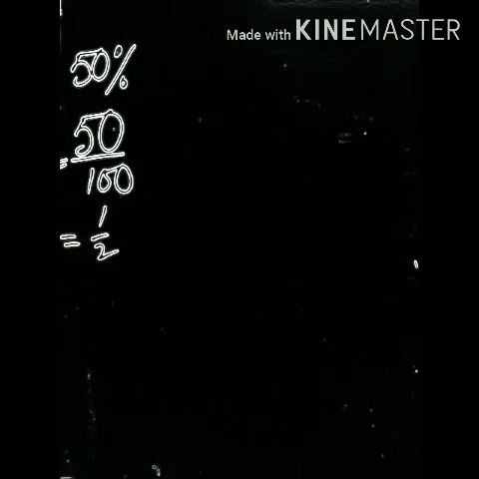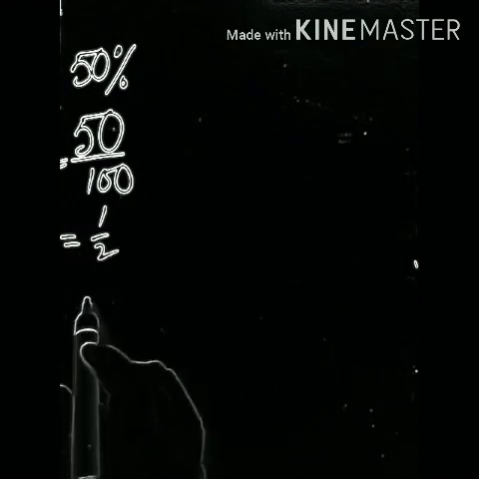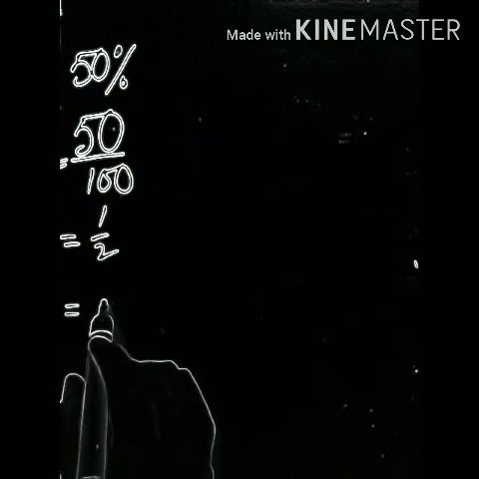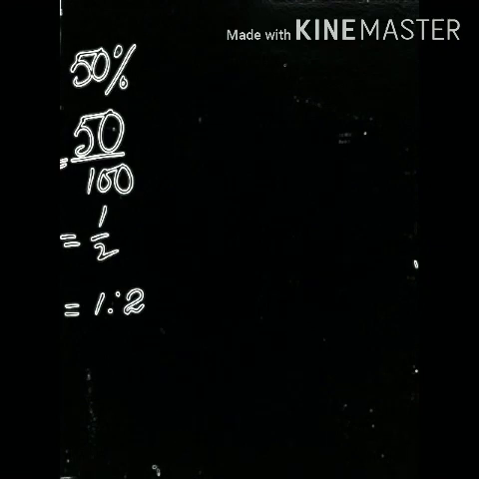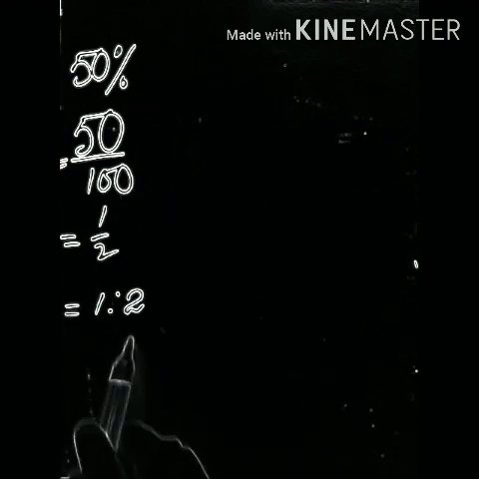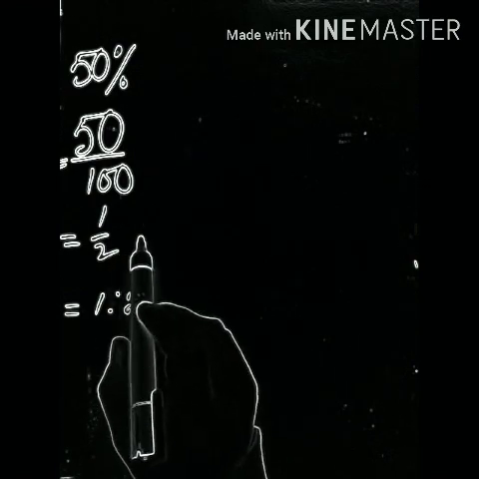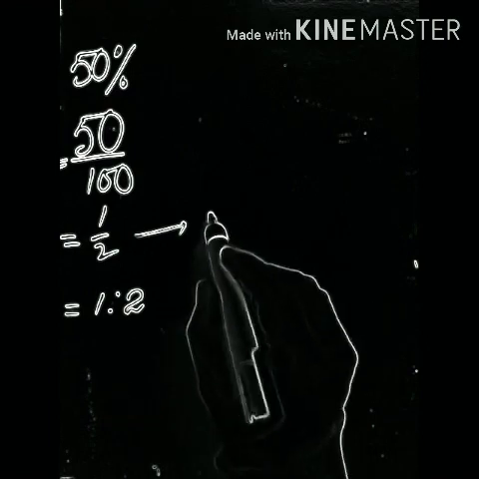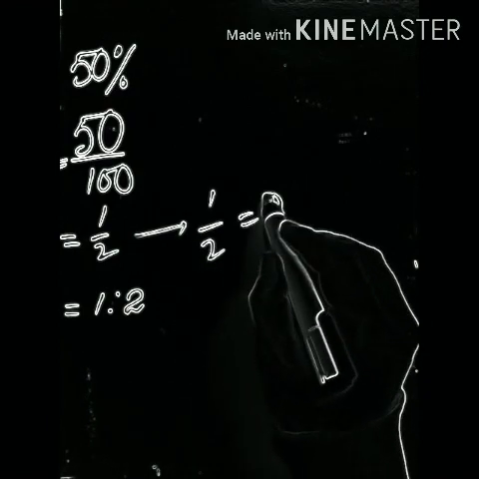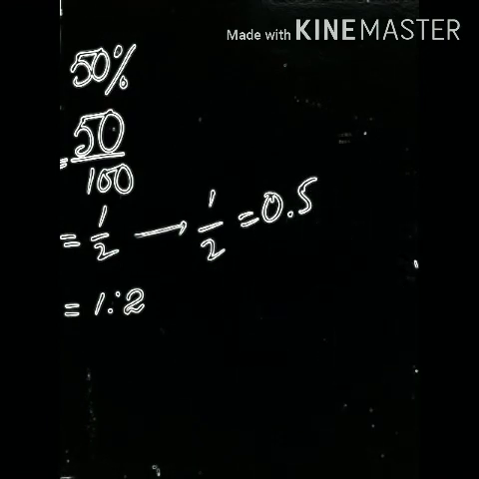There is nothing wrong. Now this fraction can again be written as 1:2. So now the fraction becomes a ratio. And 1 by 2 can be written as 0.5.